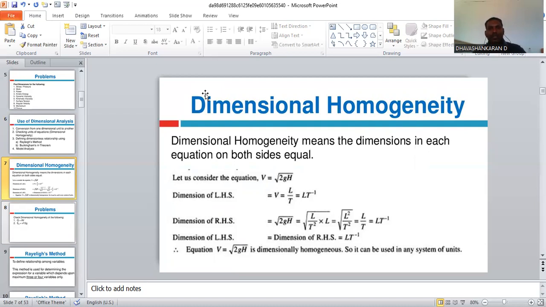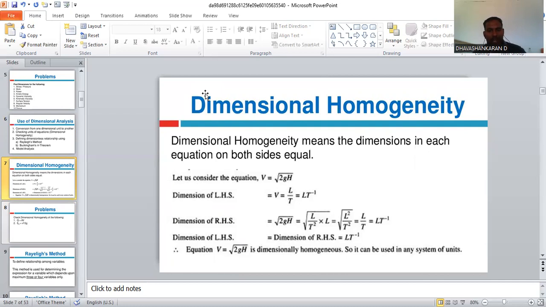That's why we put L divided by T. Transferring the denominator to the numerator, we put L T inverse. That's the dimension we get on the left hand side. The same dimension should be obtained on the right hand side. It means that it is dimensionally homogeneous. So here we have to check whether it is satisfied or not. So here we take the dimension on the RHS side.